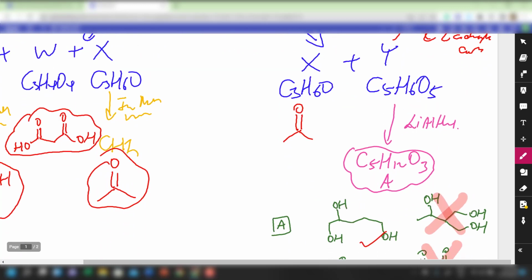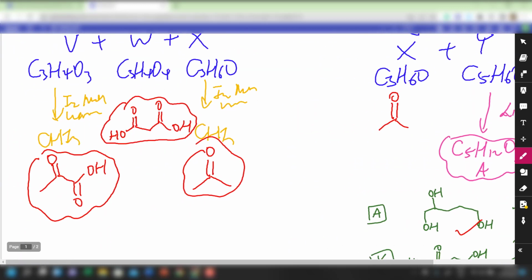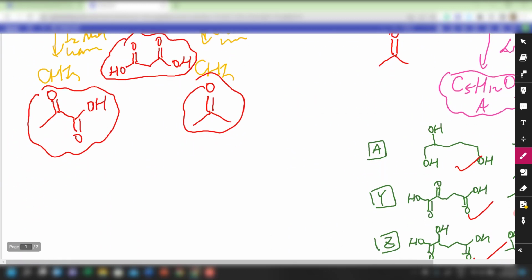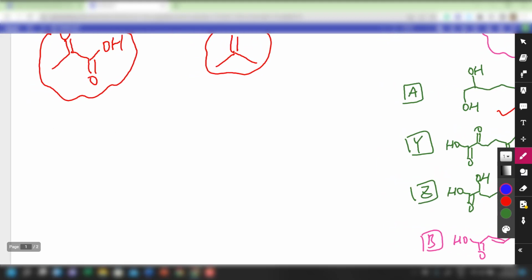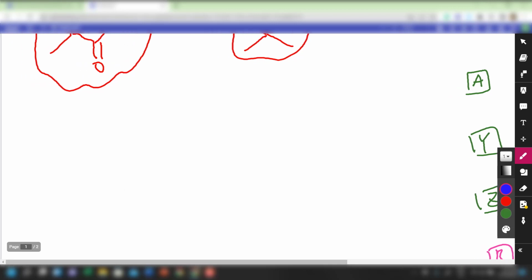Okay, so maybe I can redraw it over here on the left hand side. So the structure of X is like this. So this is X, and the structure of Y is like this.